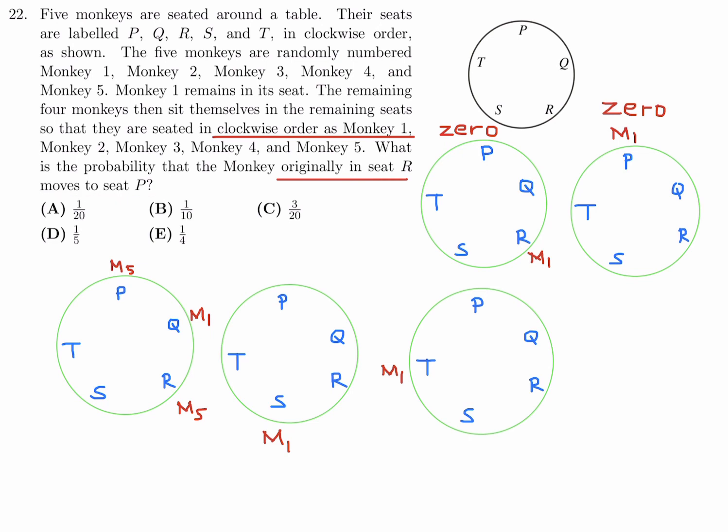First, we have to look at the probability that M1 is in Q. There's 5 seats. We have to put him in one of those 5 seats. So the probability of that happening is 1 over 5.